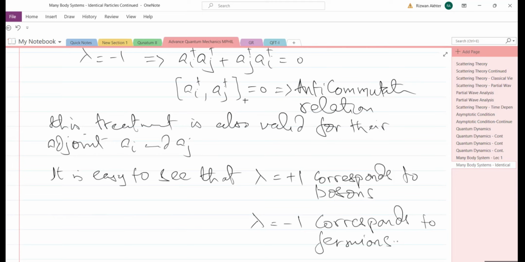So fermions and bosons की दो different representations we have already sorted out.